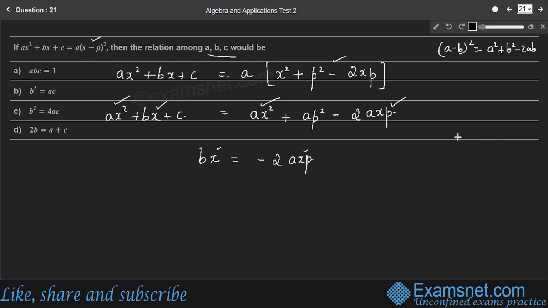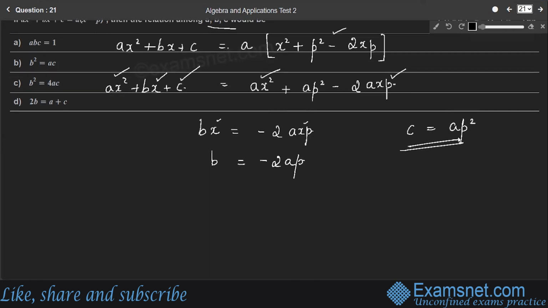Therefore, b is equal to minus 2 times ap. Similarly, the third term, which is constant, is c. Therefore, we can equate c to ap square, which is independent of x, the variable.